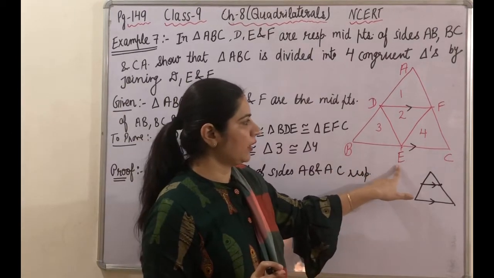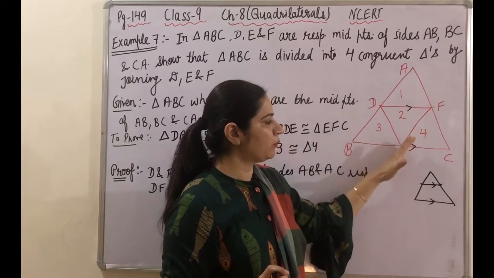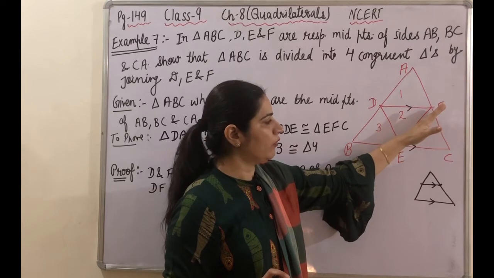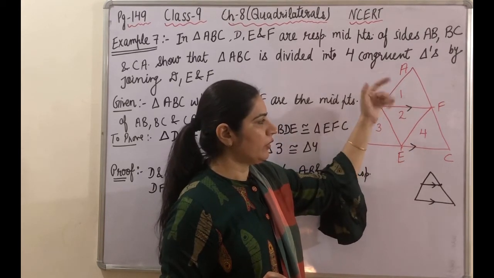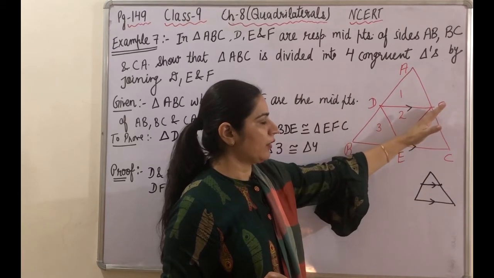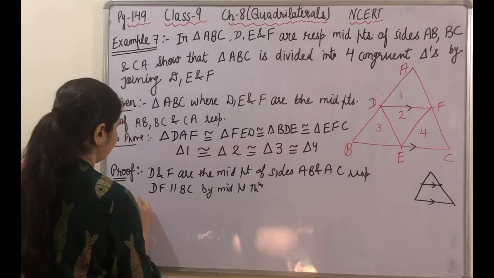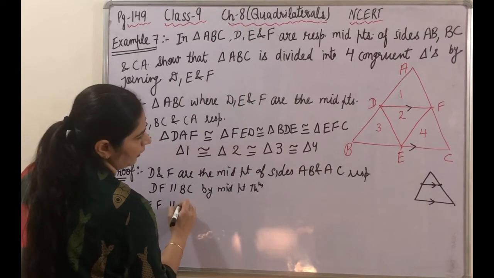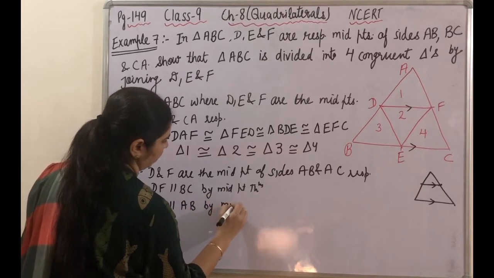E and F are the midpoints, and if I join them, I will get one line EF. This EF will be parallel to AB. Similarly, EF is also parallel to AB by the midpoint theorem.